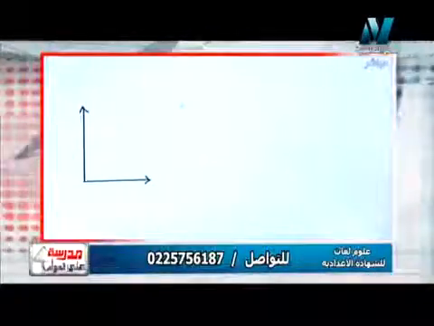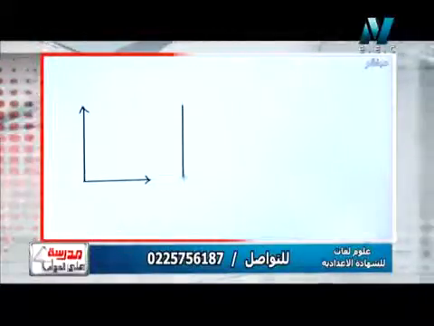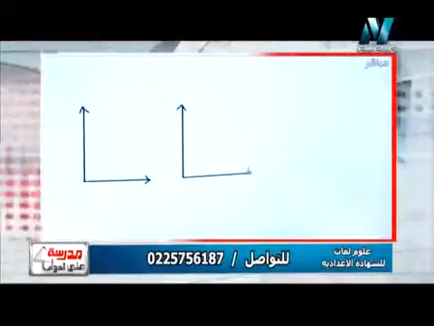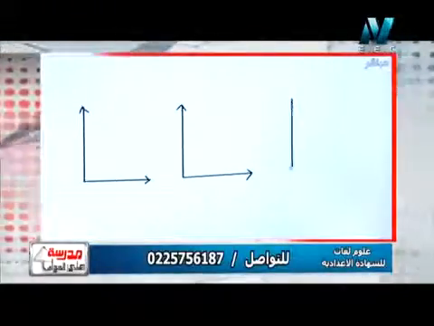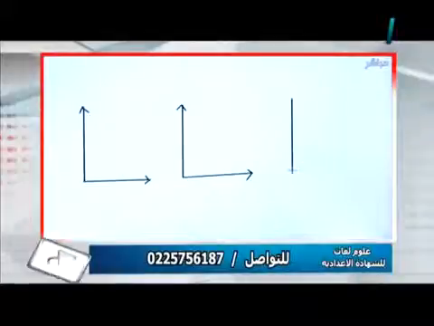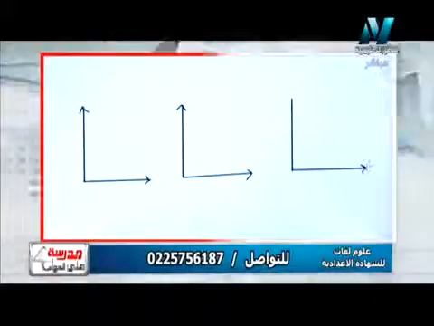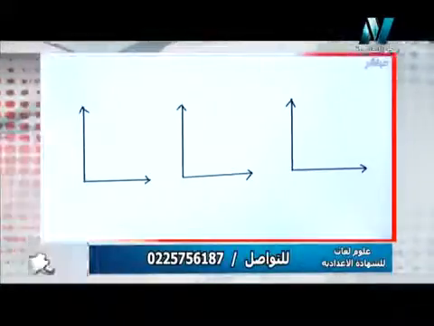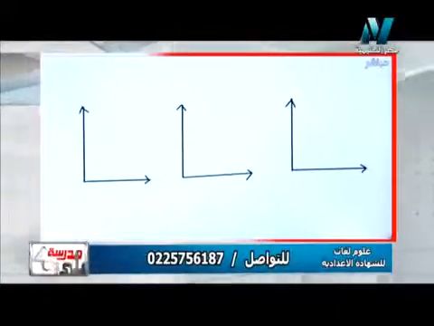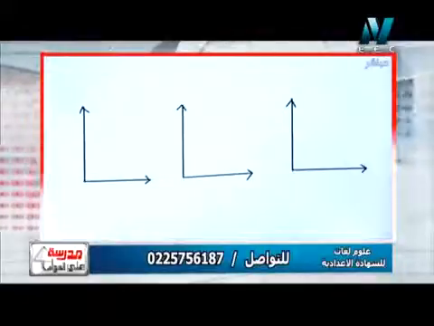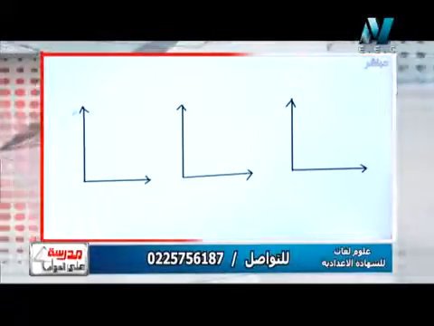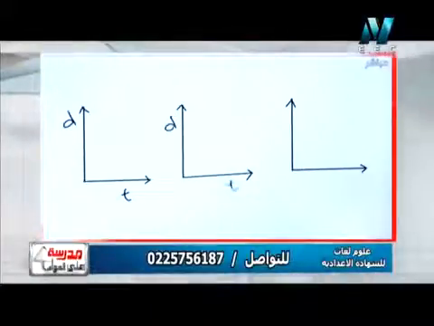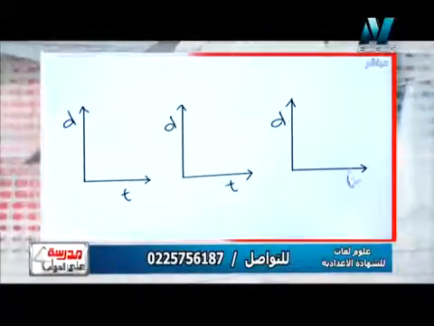We have three graphs of speed, because speed, as we studied before, is distance covered through time units. We write number 1, number 2, and number 3, each with distance and time.